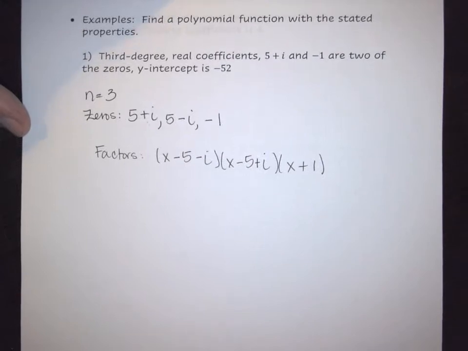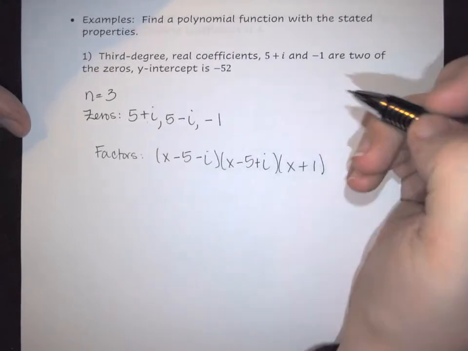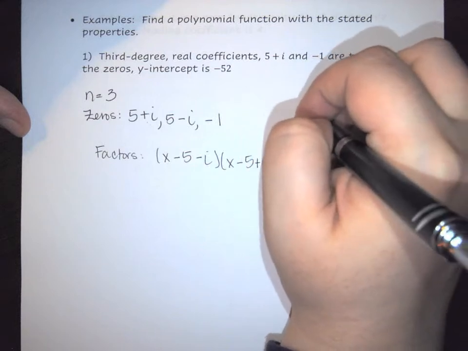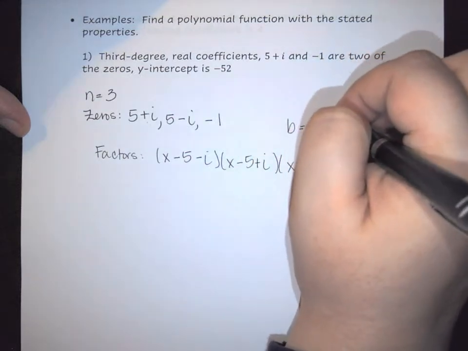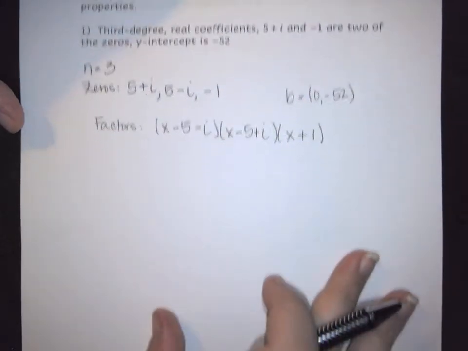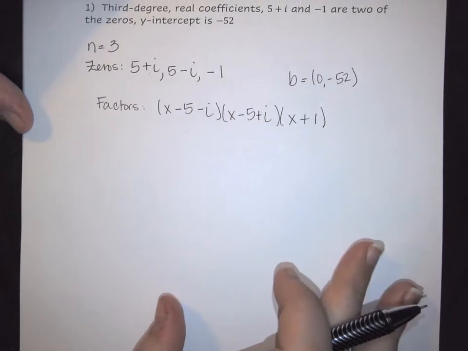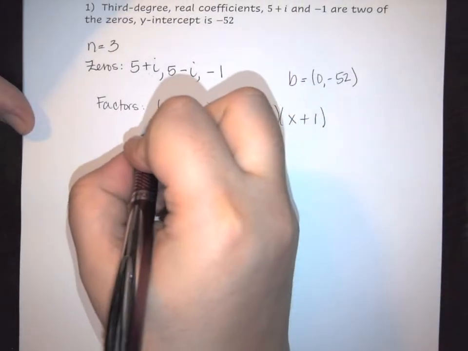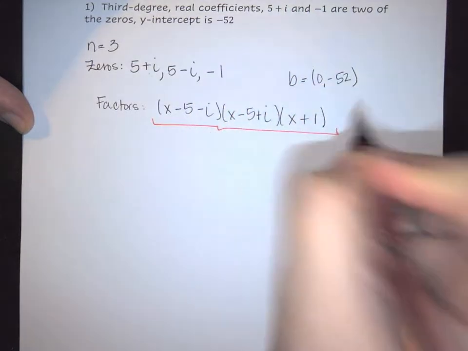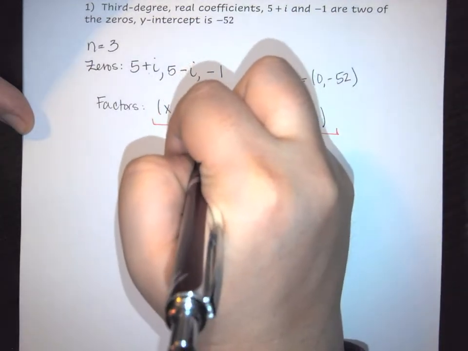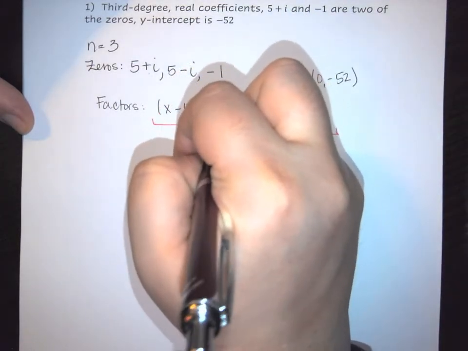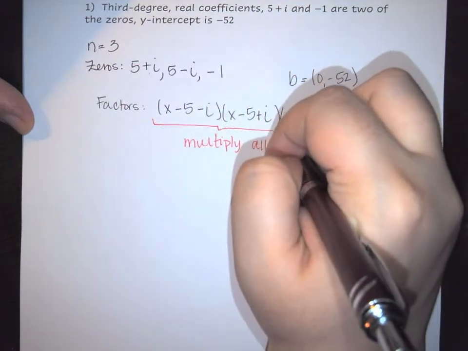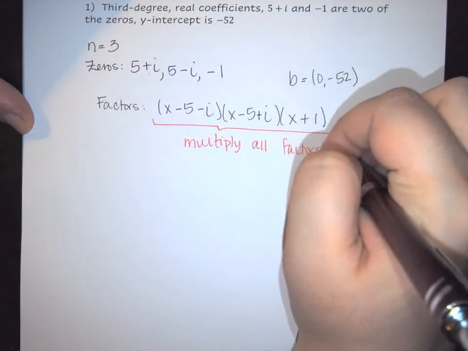Now once we do that, we have to look at the rest of what we have, and we have a y-intercept, so my b term is going to be (0, -52). So in order to figure it out, the first thing that we have to do is take my factors here and multiply all the factors together.